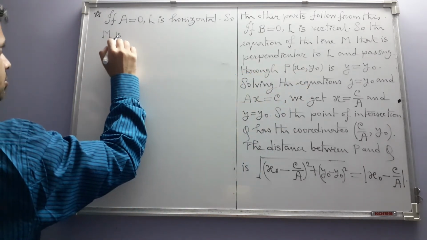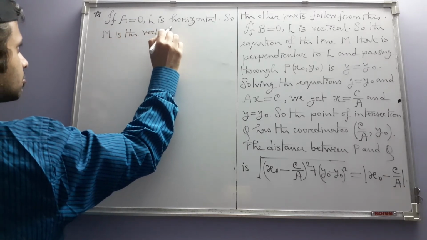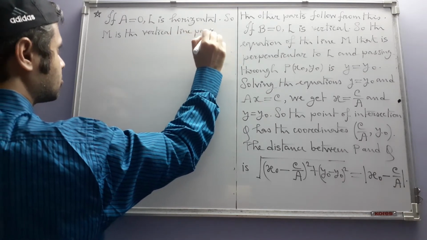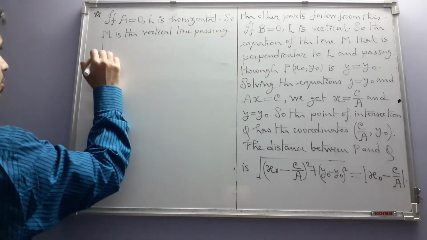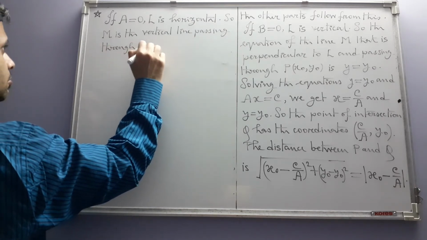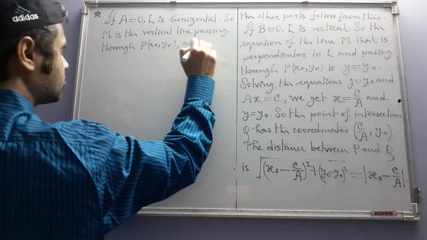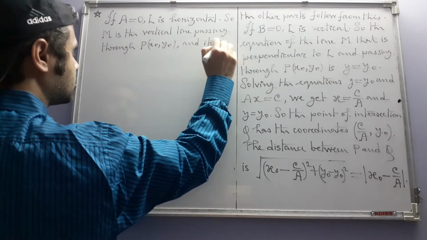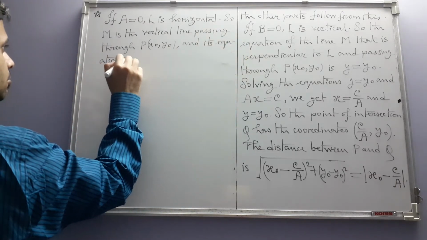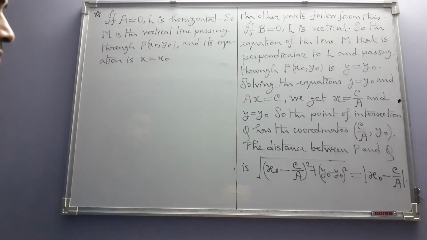So m is the vertical line passing through P, x naught comma y naught, and its equation is x equal to x naught. Okay.